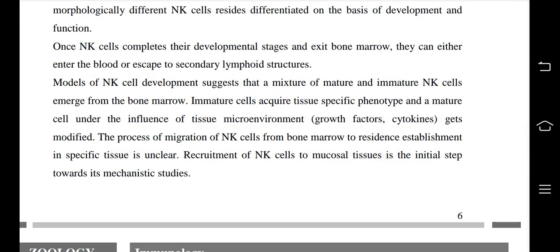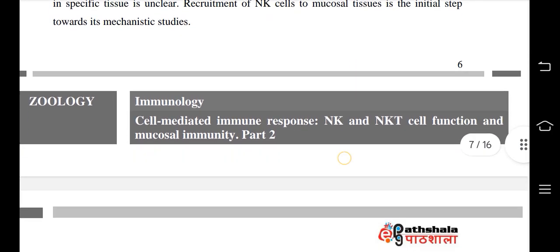Modes of NK cell development suggest that a mixture of mature and immature NK cells emerge from the bone marrow. Immature cells acquire a tissue-specific phenotype, and mature cells are modified under the influence of tissue microenvironment, growth factors and cytokines. The process of migration of NK cells from bone marrow to residence in specific tissues is unclear. Recruitment of NK cells to mucosal tissues is the initial step towards its mechanistic studies.